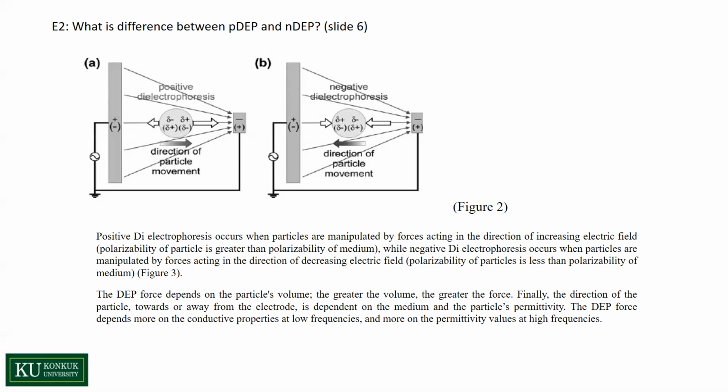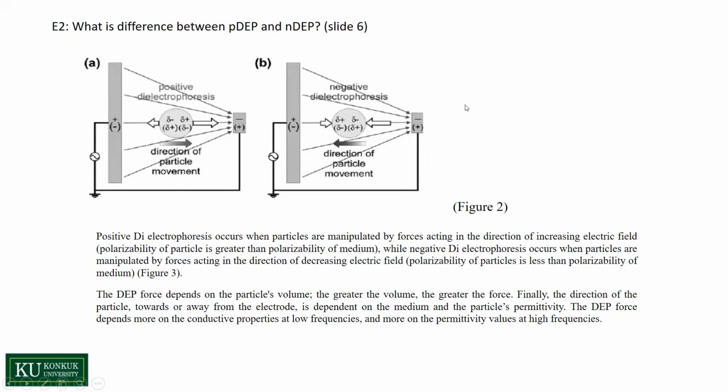When the particle is more polarizable, then it is more polarized than the medium under the non-uniform electric field, so that the particle is moved towards the increasing electric field. We can easily see that in figure 2a. This is positive dielectrophoresis. Due to the non-uniform electric field applied here, the particles are more polarizable and are moving towards the increasing electric field.